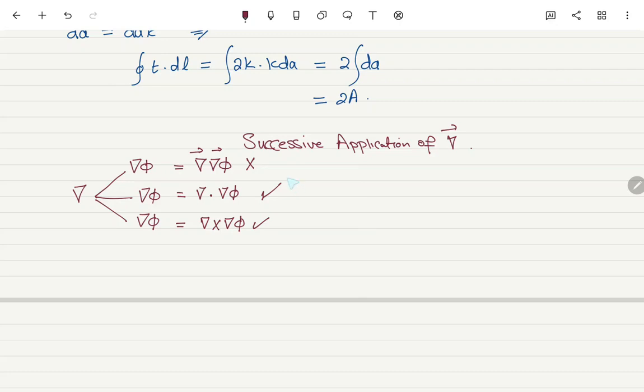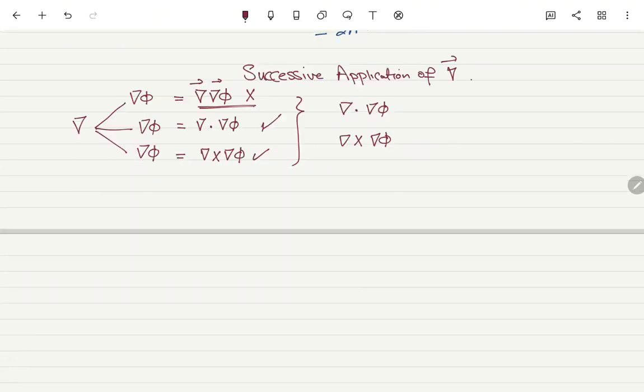So out of the three, we have two possibilities of applying a del operator on a gradient quantity: divergence of the gradient, or curl of the gradient. The first one is not possible whatsoever. So let's discuss these two possibilities.